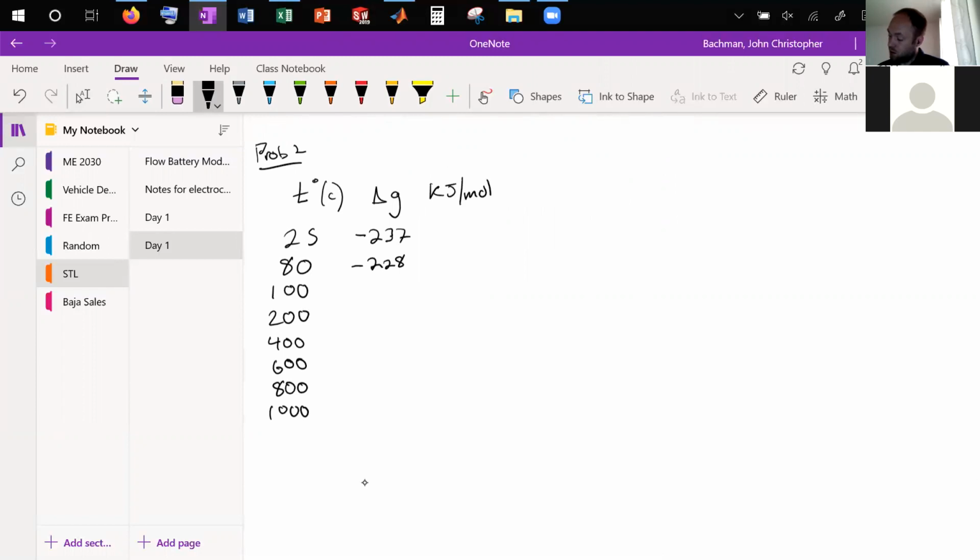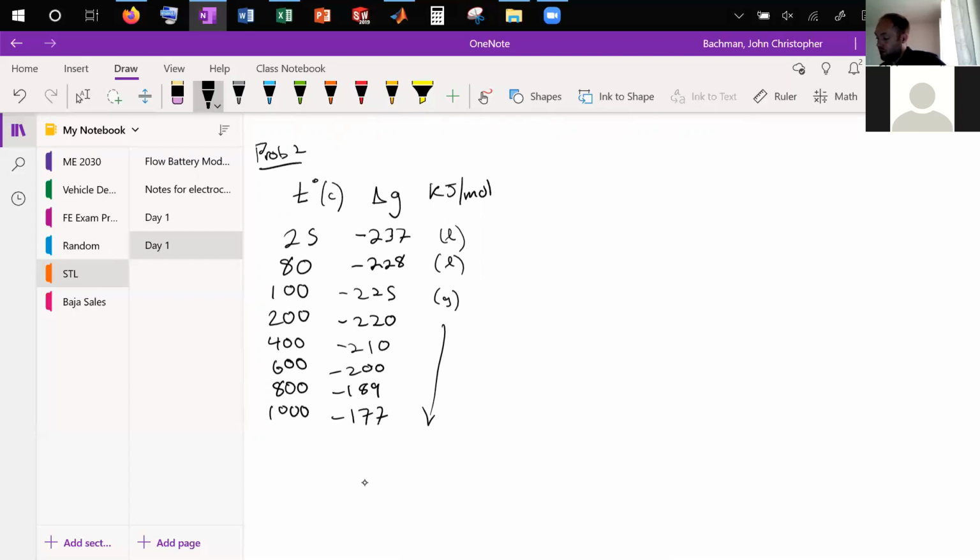And this is the case where these are liquid, and then the rest are gas. So you have negative 225, negative 220, negative 210, negative 200, negative 189, negative 177.